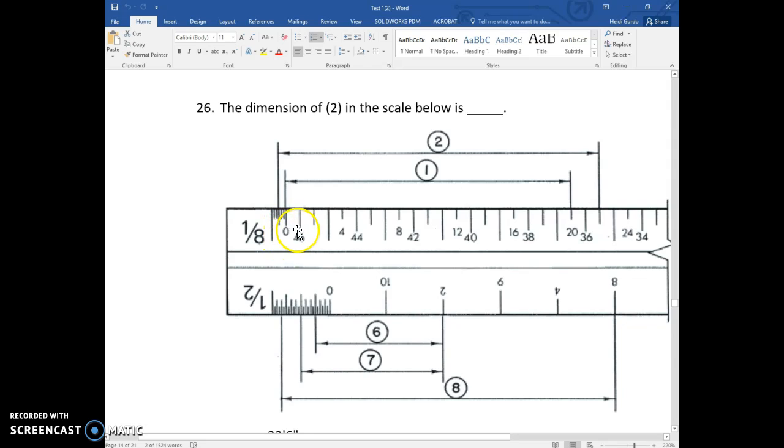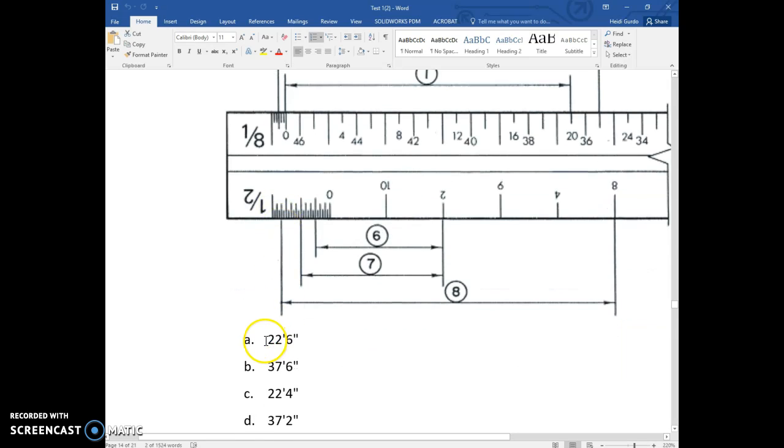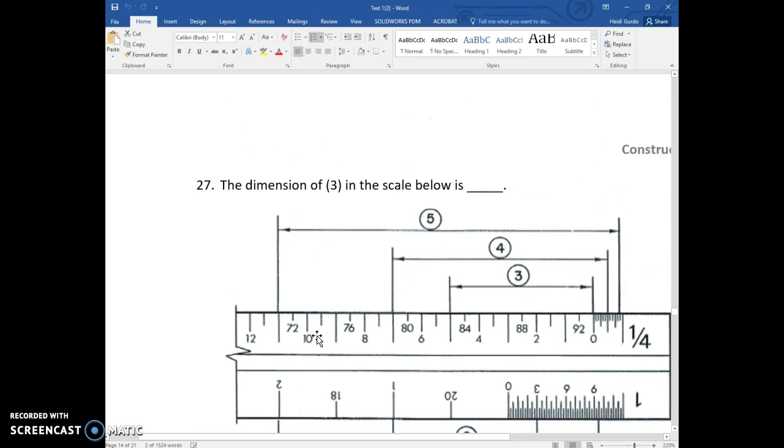Why would we start from 0 and then go to 46? We wouldn't, right? We'd have to start at 1, or a half, but we wouldn't start at 46. So we go over, and we see that this is 20, 21, this is 22 feet, and then if we read the inches, I said each one of these tick marks was 2 inches, 2, 4, 6 inches. So it's 22 feet, 6 inches.